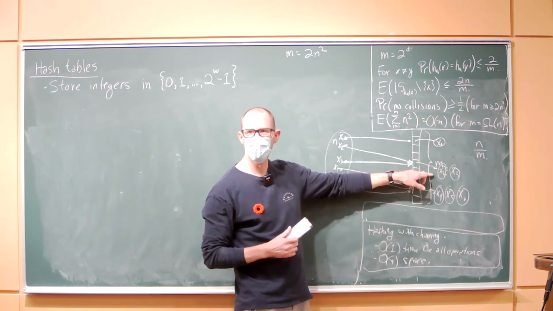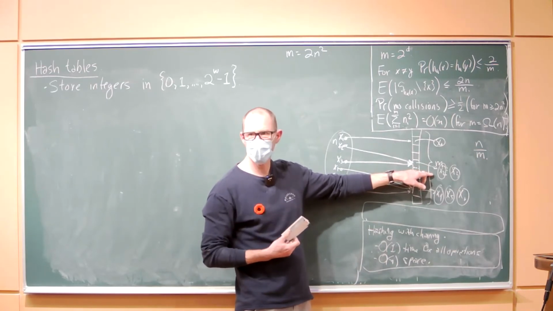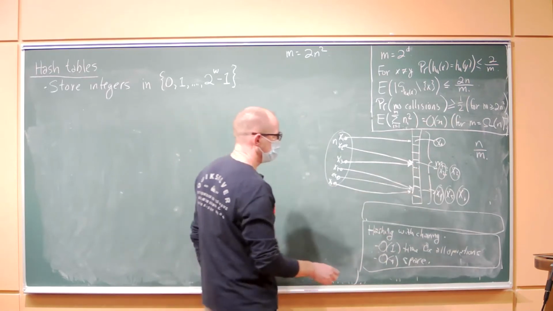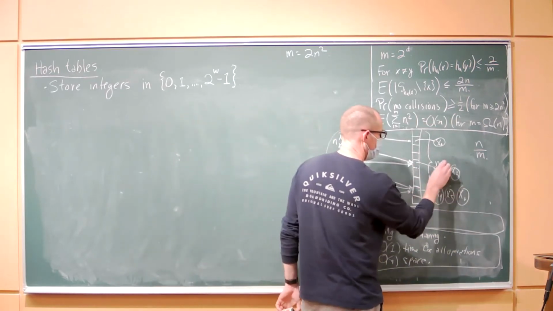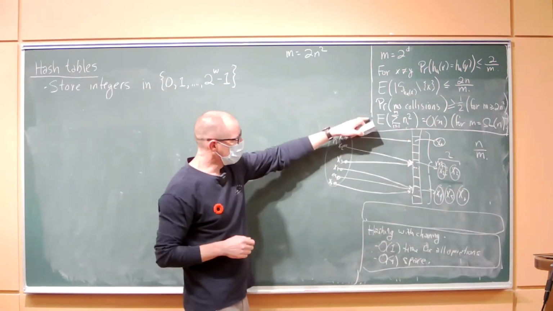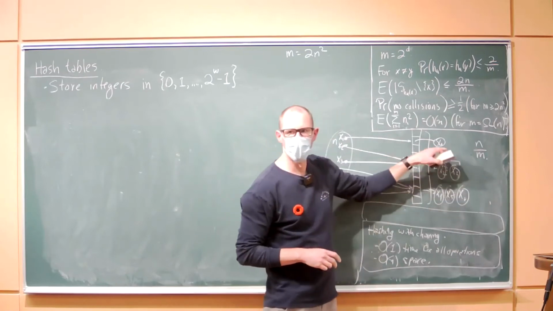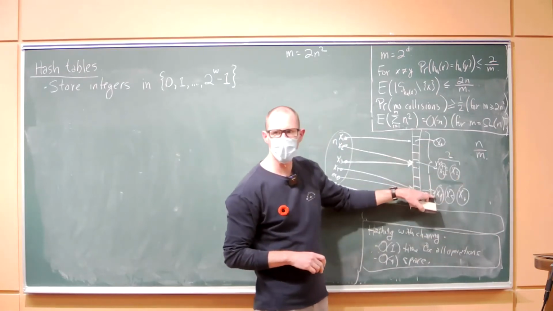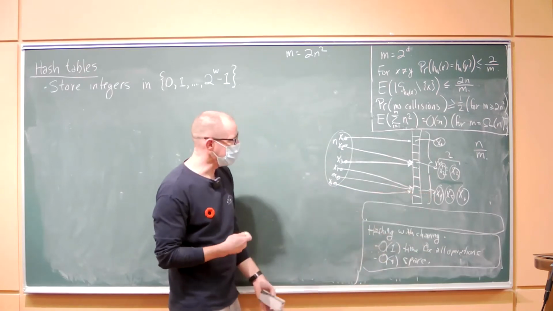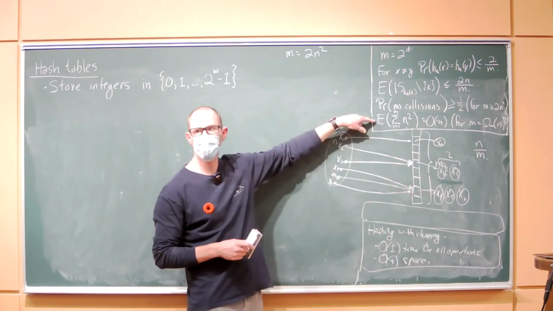I can afford to store something that's the square of this thing. Okay. So right, in this case, there's two things here. But this is saying, well, I could have stored some structure of size 4. In this case, there's 3 things here, but I could have stored a structure of size 9. And even if I did that, when I add it all up, I would still only get something whose expected size is linear.